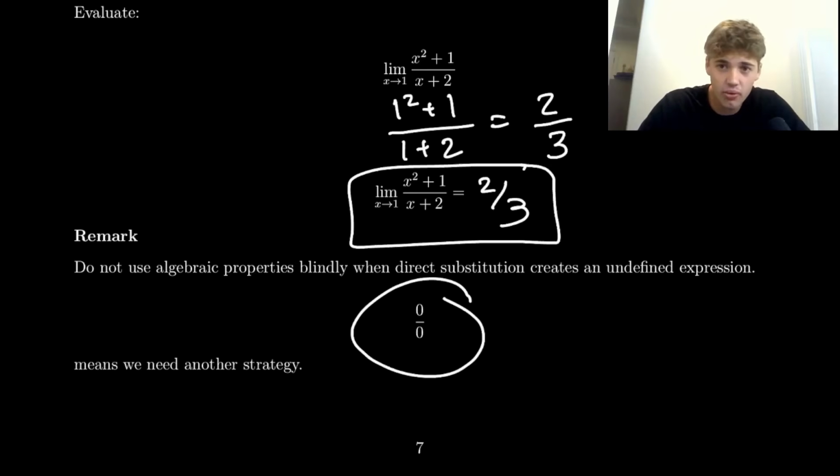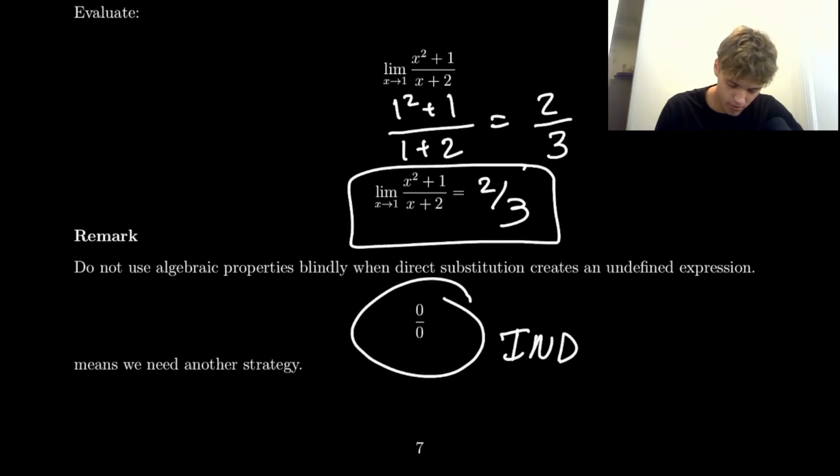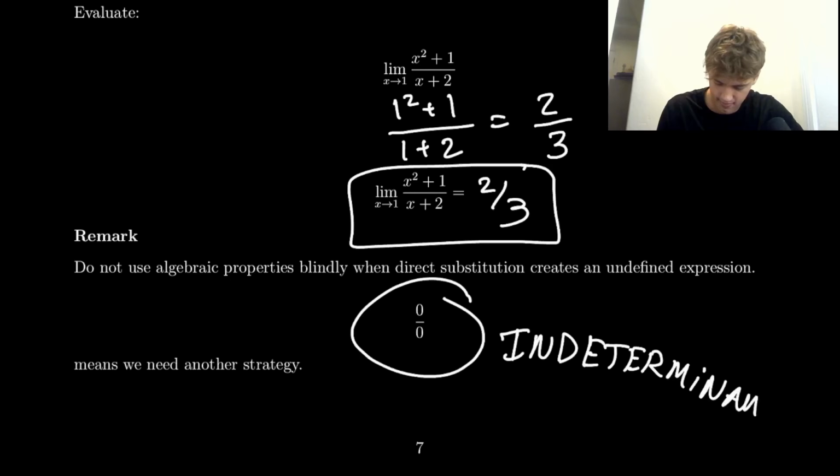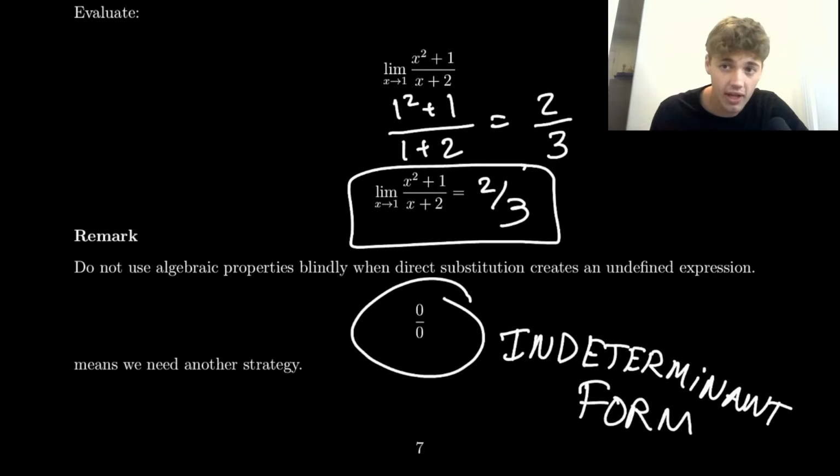But when they do, it doesn't mean the limit equals 0. It doesn't mean it equals infinity. We need a new technique to get around 0 over 0. This is something we call an indeterminate form. We don't know yet. We'll talk about that later, though.